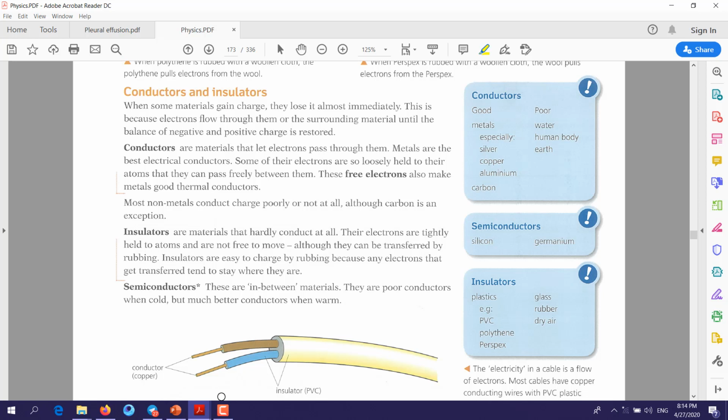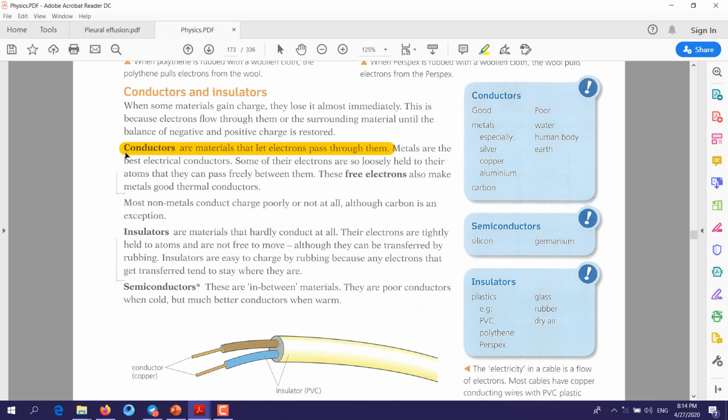Now we have a kind of material we call conductors. What do we mean by conductors? Conductors are materials that let electrons pass through them. This is the definition for conductors.